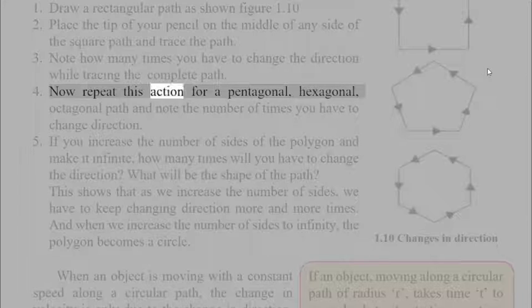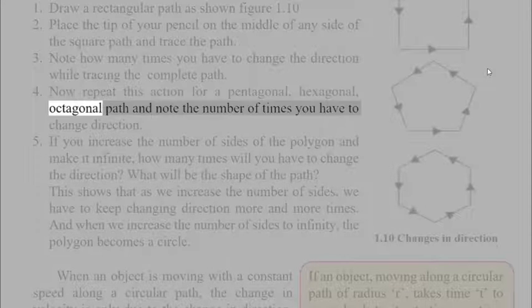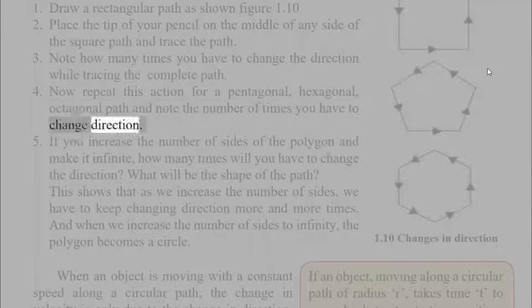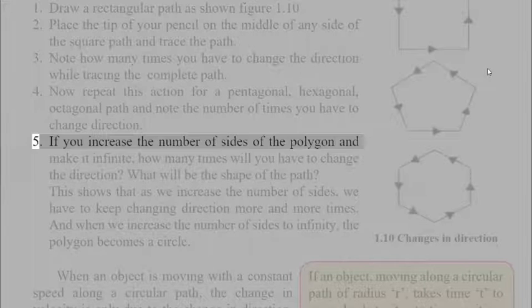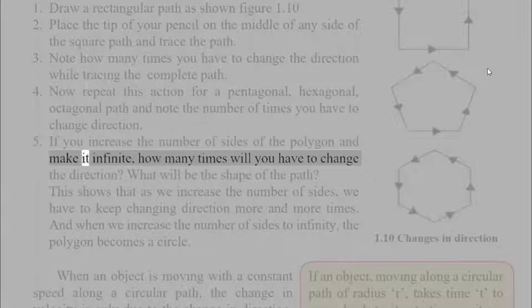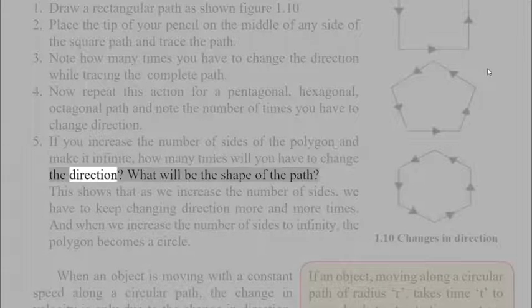Now repeat this action for a pentagonal, hexagonal, octagonal path and note the number of times you have to change direction. 5. If you increase the number of sides of the polygon and make it infinite, how many times will you have to change the direction? What will be the shape of the path?